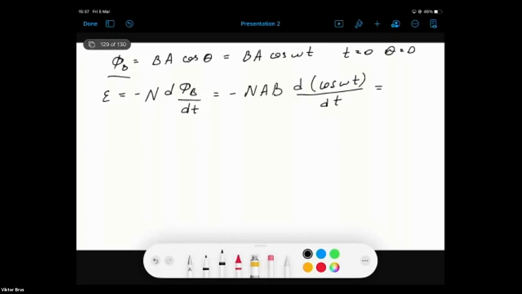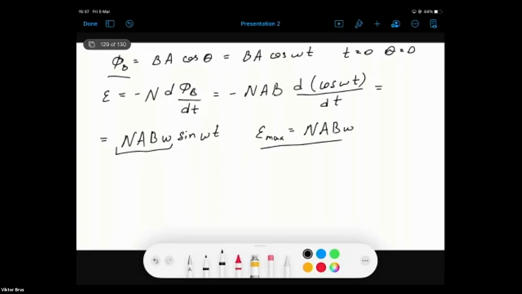And as a result, we get for the induced electromotive force N times A times B times omega sine omega t. So the amplitude value of the induced electromotive force, sorry, not E, but epsilon maximum, will be N times A times B times omega.